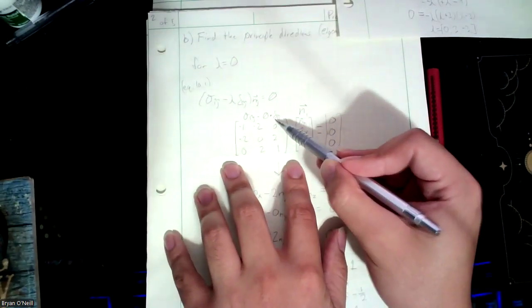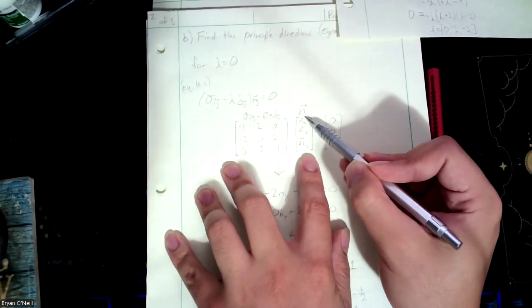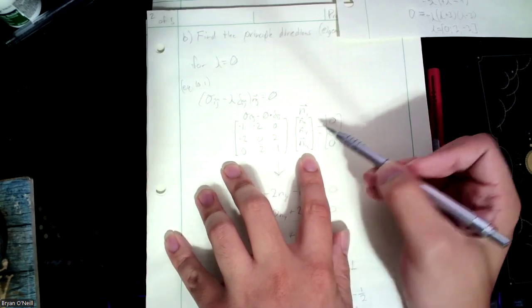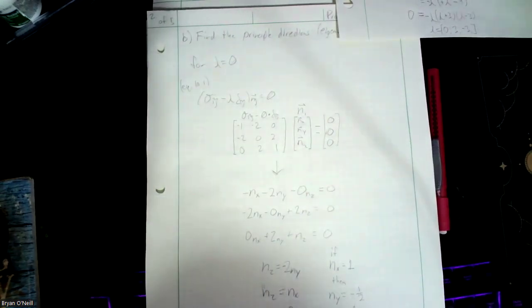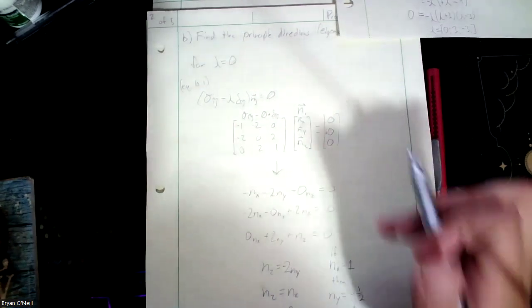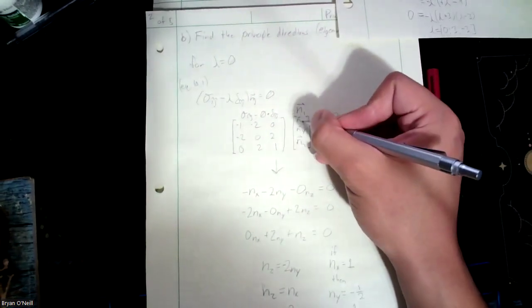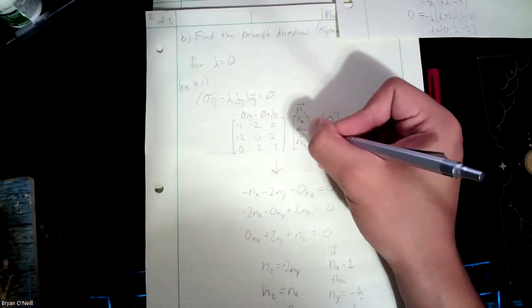So I wrote out equation 10.1. This is the first part of it. This is the n vector, and it's a little hard to see because my camera's not doing too well today. Instead of writing e's, I just wrote n sub x, n sub y, n sub z, just to make it simpler for myself.